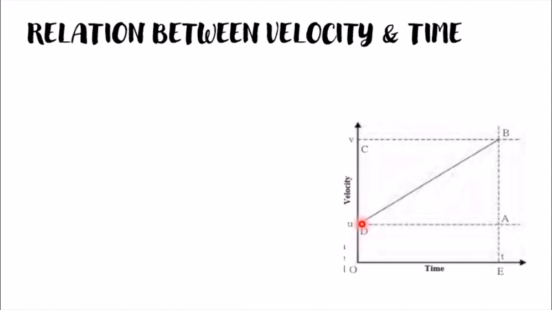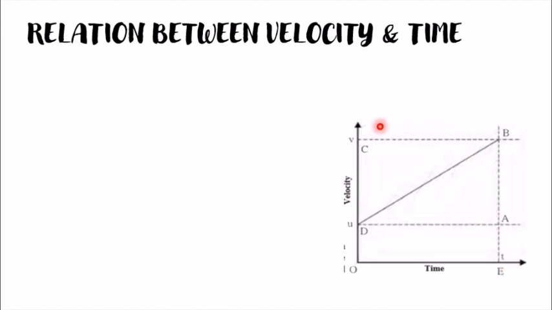The velocity keeps increasing and reaches point B in time t. B is the maximum, called the final velocity, which we mark as v. Then t is the time required.